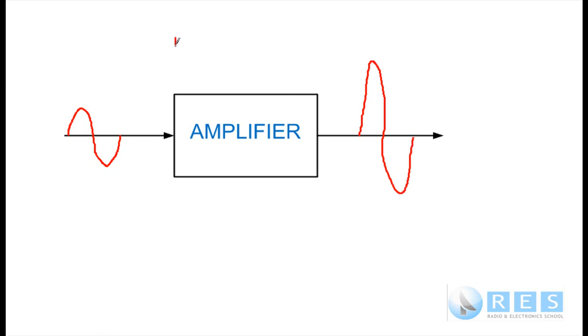That is a linear amplifier. And whenever we want to amplify a signal without changing it in any way, we must use a linear amplifier. But let's just have a look now at what a non-linear amplifier can do for us.